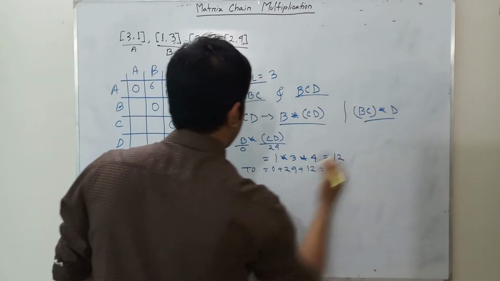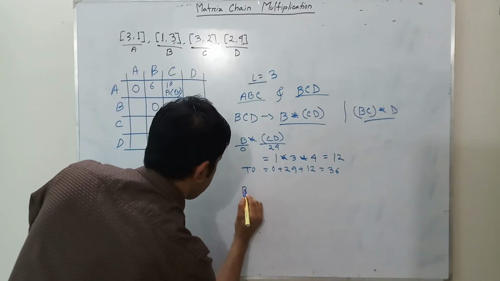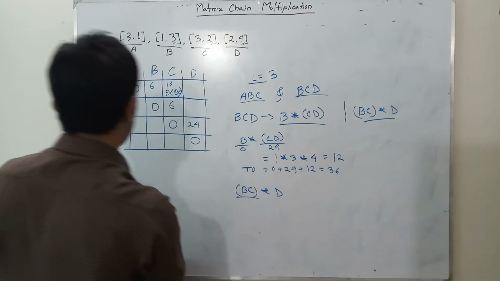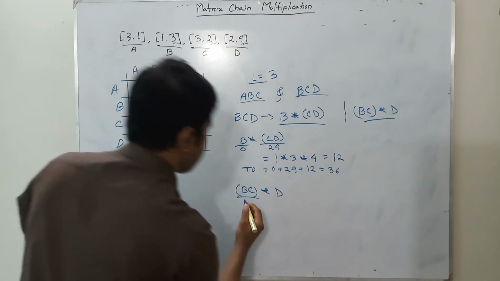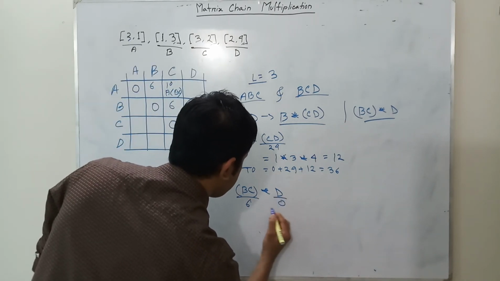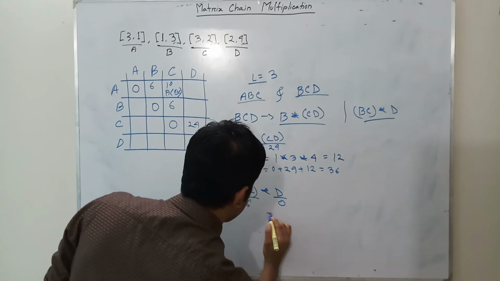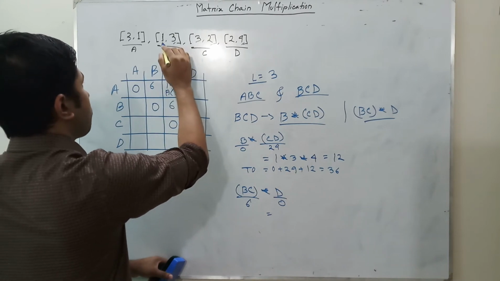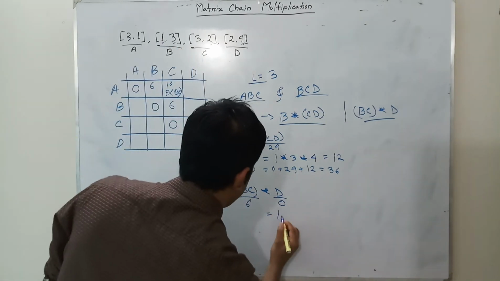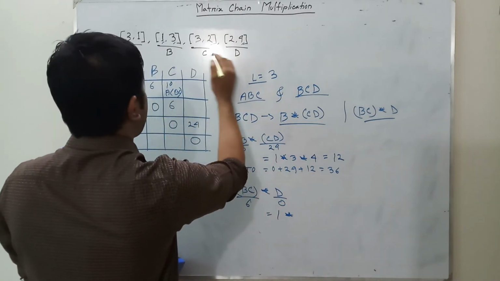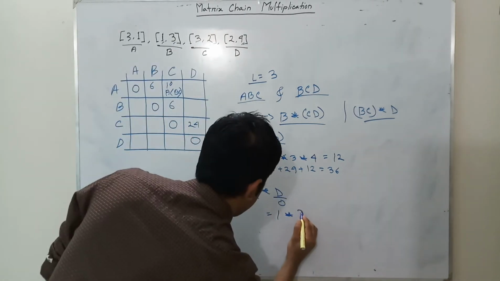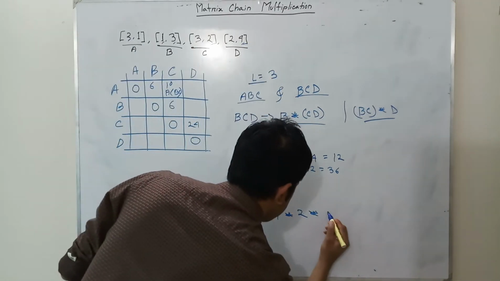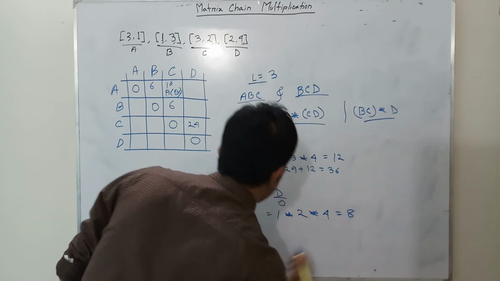Now we will see how many operations we need for this BC D. For BC we know the value is 6, and for D the value is 0, and the number of operations we need to multiply BC with D. BC, the number of rows here is 1, number of columns 2, into number of columns of the 7 matrices 4, equals 8.